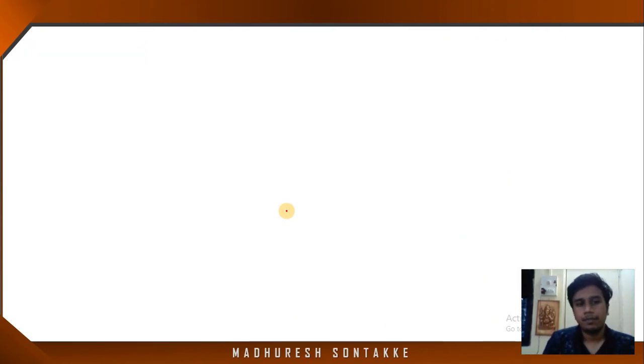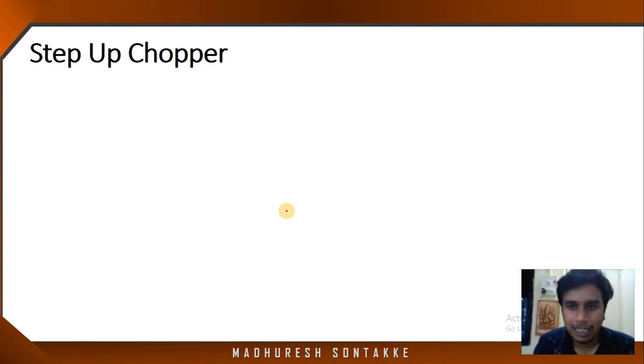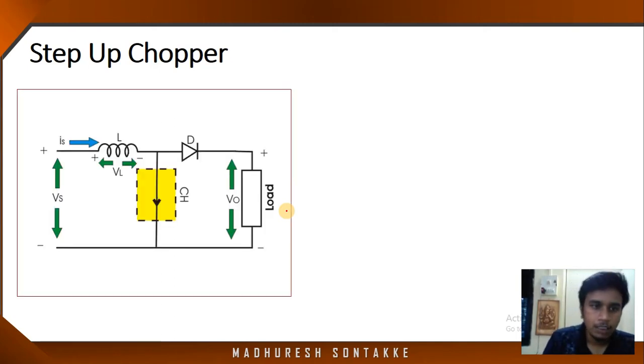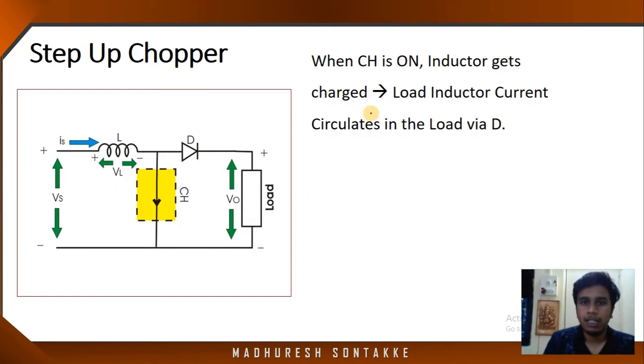Okay. Now let's try to analyze the equation. Here we are going to first derive the current equation, and through the current equation we can derive the voltage equation. This is our first condition where our switch is on. So when the switch is on, the inductor gets charged. The load inductor current circulates via the freewheeling diode.